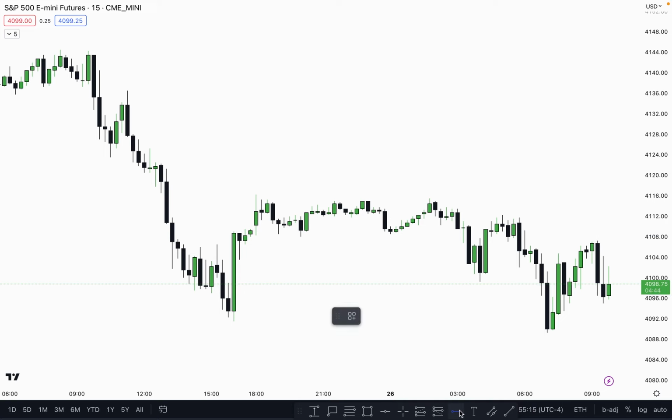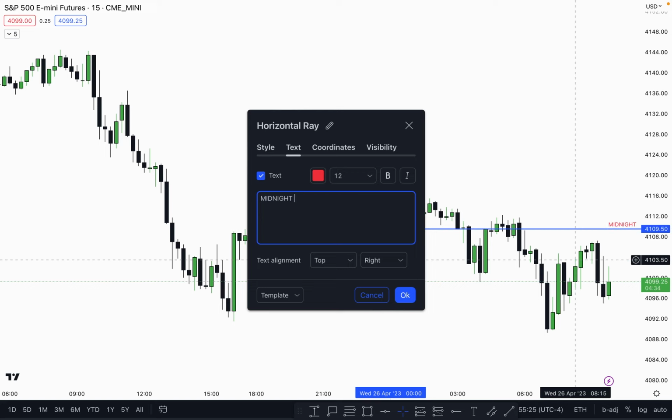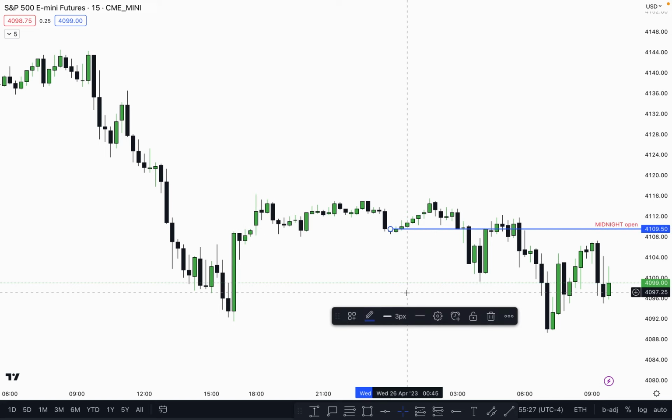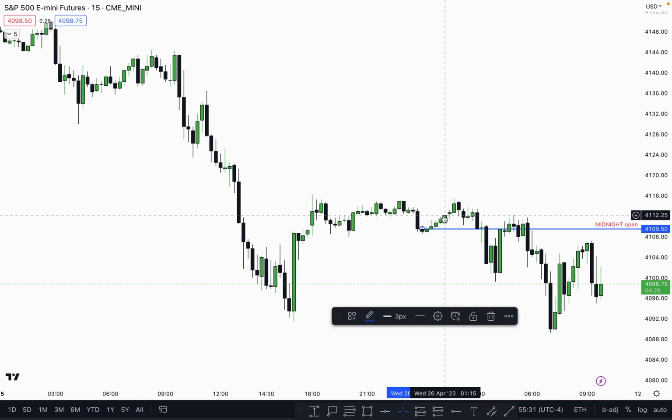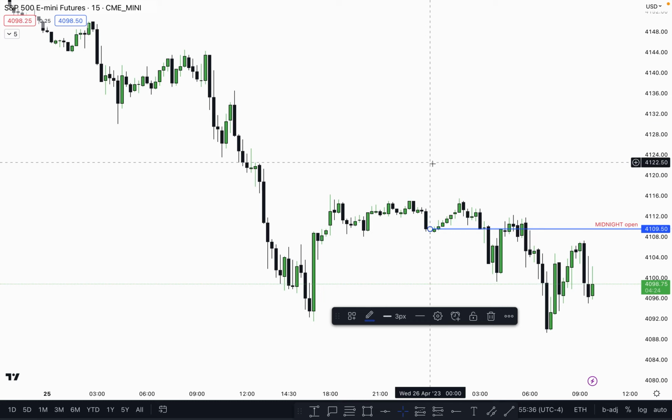We mark the open of it. This is the open of it, and we can label it. So this is the candle. If we're bearish, what would we expect the price to do? You know the power of 3. The candle opens.